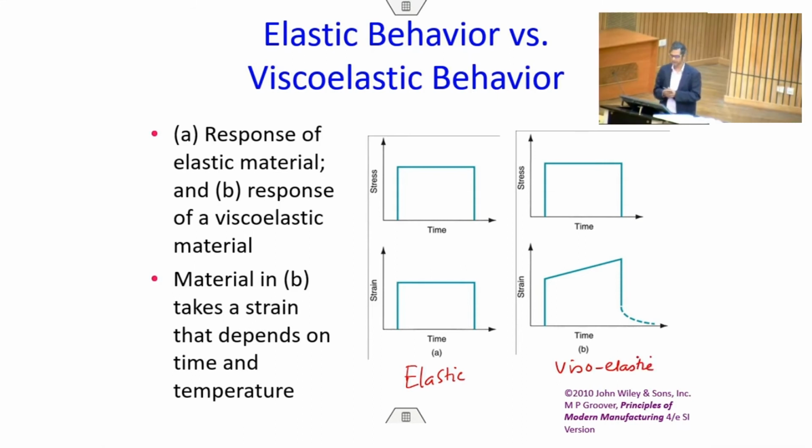So, in the case of an elastic material, you apply a strain, you keep it, and when you drop the load, it immediately comes back. In the case of viscoelastic, it increases, and once you drop the load, it does not come back immediately, right. This part is missing, rather it is anelastic. It depends on the time. This relaxation depends on the time. That is why it is called viscoelastic. That is because the material is so viscous, the molecules, once they stretch, take time to come back.